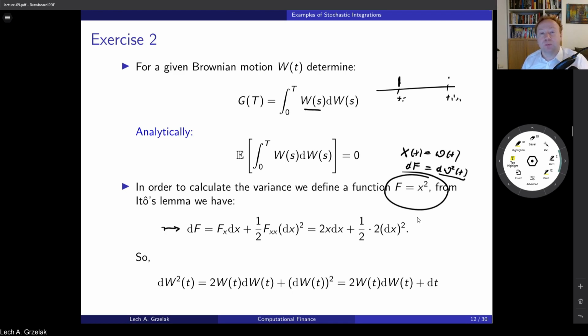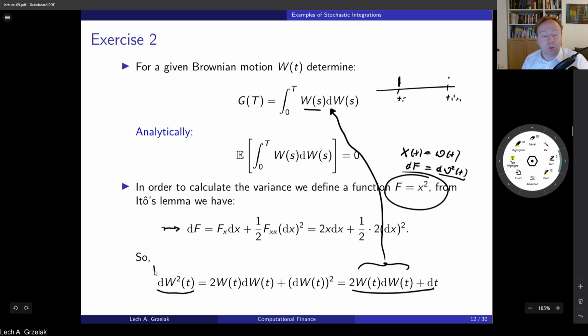This is already what was presented previously. But once you substitute f equal to W_t, this is what we end up with. You see that we have a dt, and here we have a term which is 2 times W_t dW_t. And you see that this term here resembles the term that we have here. So by applying Ito's lemma to x squared, we have derived actually something that we are very much interested in.